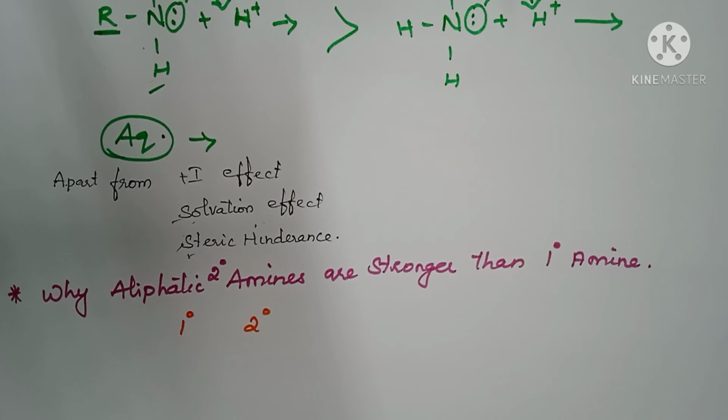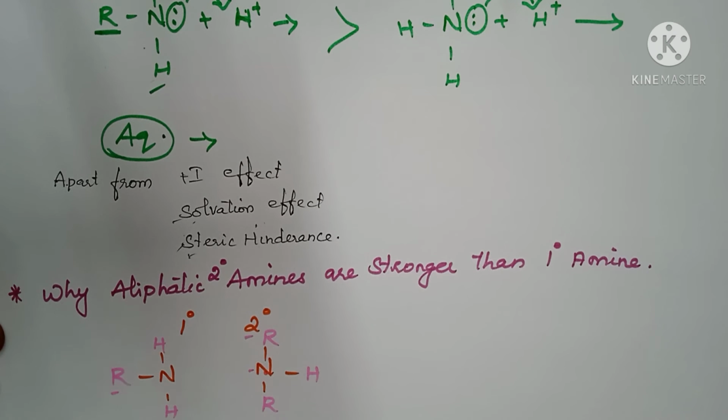In this we are going to check the number of alkyl groups. More alkyl groups are present in secondary amine, fewer alkyl groups in primary amine. So more alkyl groups are ready to push electrons directly, as they are attached to the nitrogen atom. When they push the electrons, the lone pair is ready to donate.